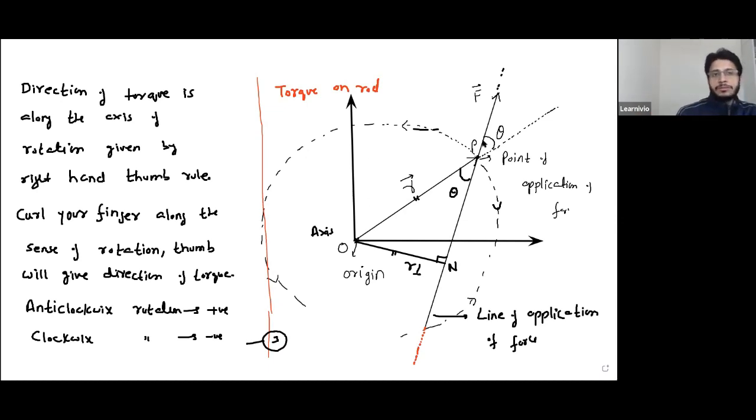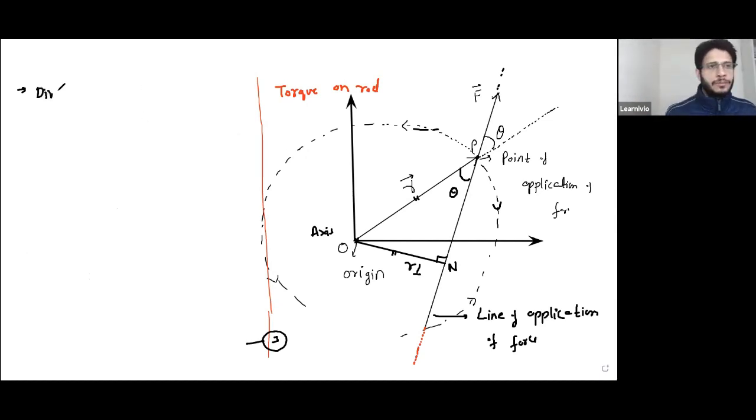This is one method. There's one more method which is based on cross product. That is again right hand thumb rule.